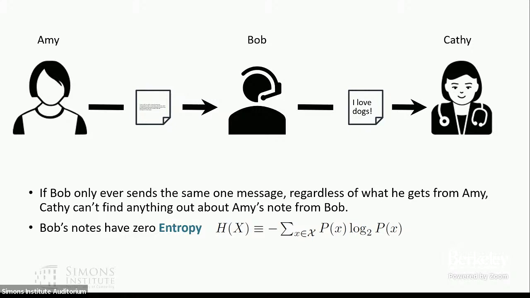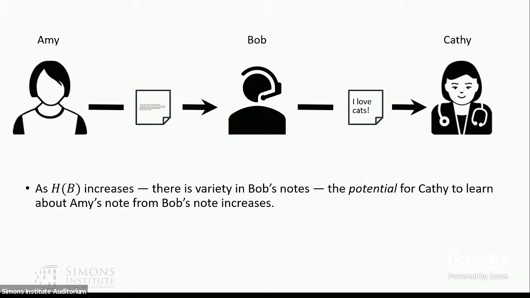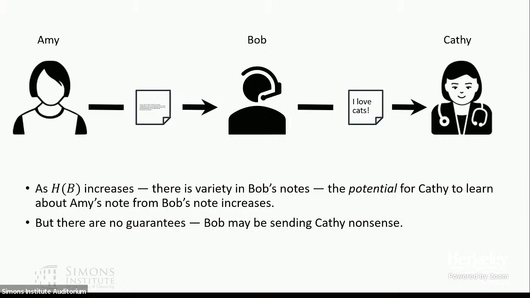Okay, so what happens if the entropy of Bob's notes increases? Now there is some potential for Cathy to learn something about Amy's note, right? But there are no guarantees. Bob can be sending Cathy anything. So already from here, you get a flavor that we won't have an equality constraint, but we'll have an inequality constraint, because the fact that the entropy of Bob's note increased doesn't really mean that Cathy will actually learn something about Amy's note, okay?